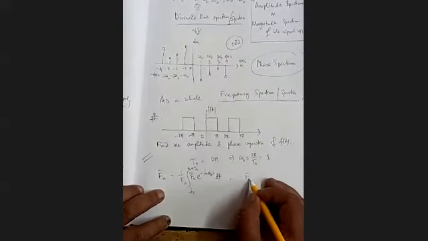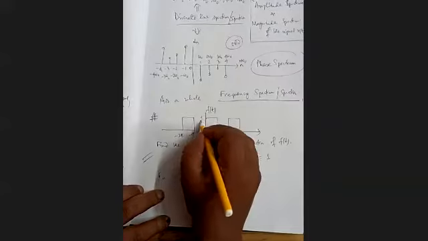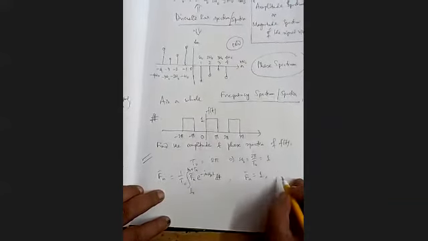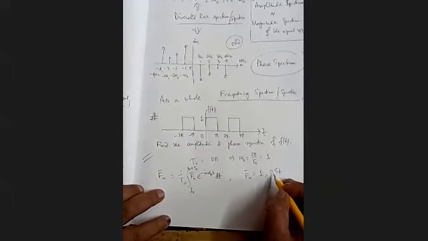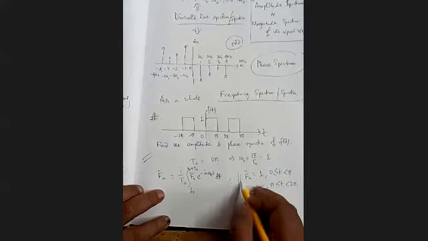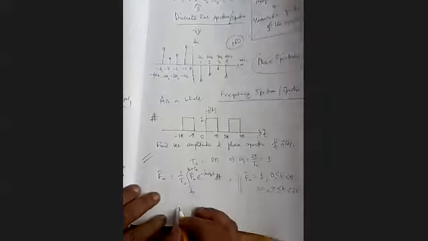Now what is the expression of x(t)? Okay, just I forgot to write 1 here. Our x(t) is 1 when t is in between 0 and pi, and it is 0 when t is in between pi and 2 pi. So that is the expression of the signal actually. From the figure we can find it out.